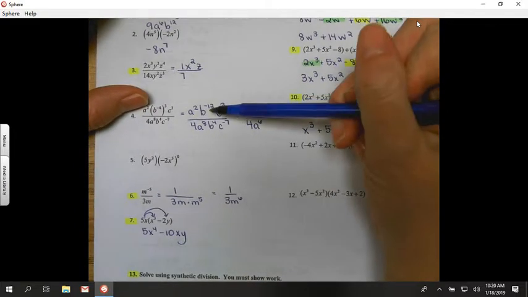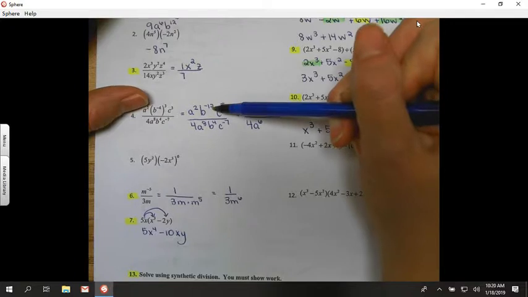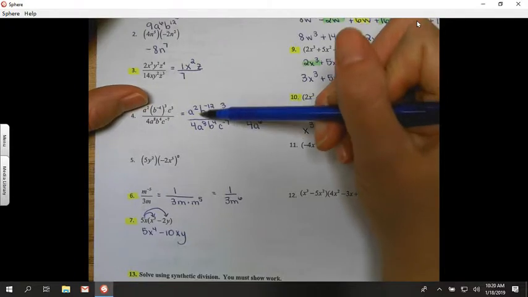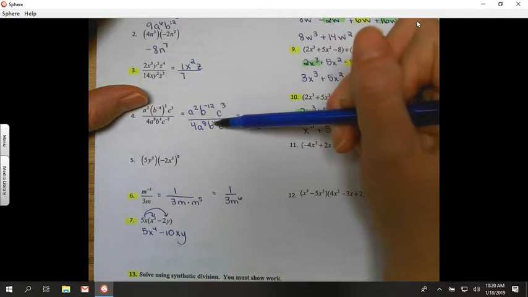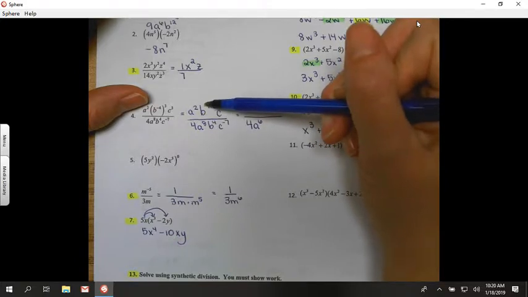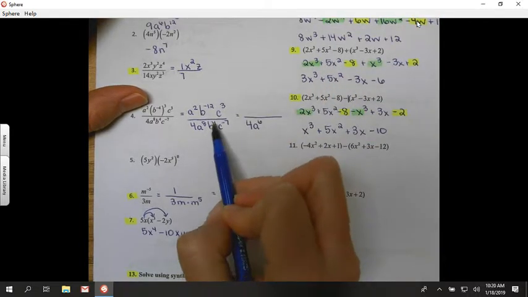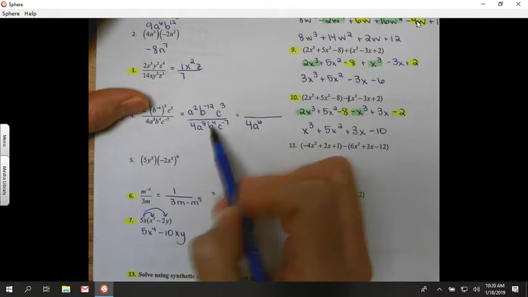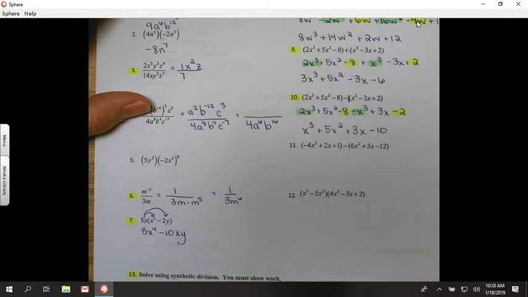Now, I have a b to the negative 12th and a b to the 4th. 4 is larger than negative 12, which means all of these negative 12 soldiers are going to go to the bottom. Another way to think of it, remember they're traitors, so they need to go to the opposite side. So I have a b to the 4th already, and if I bring down b to the 12th, I'm going to get b to the 16th.